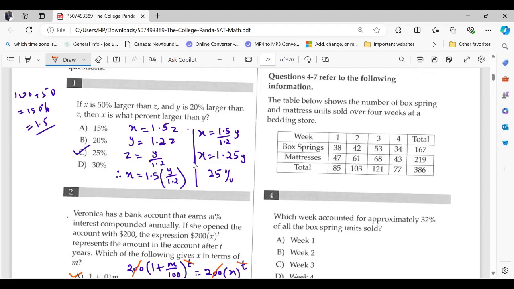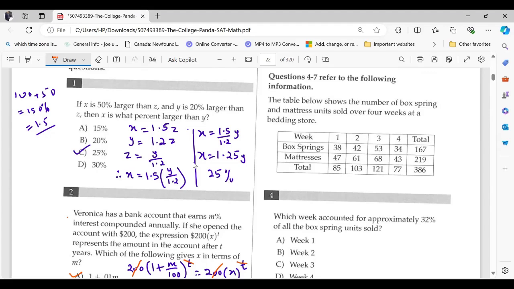This is the total for week 1, 85. Total for week 2, we have all of them here. Which week accounted for approximately 32% of all the box spring units sold? Which week accounted for 32% of all the box spring?